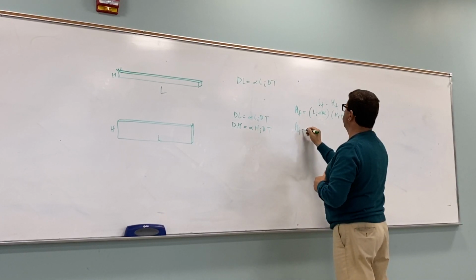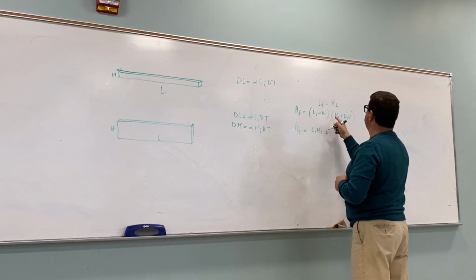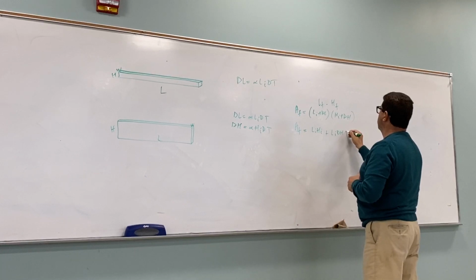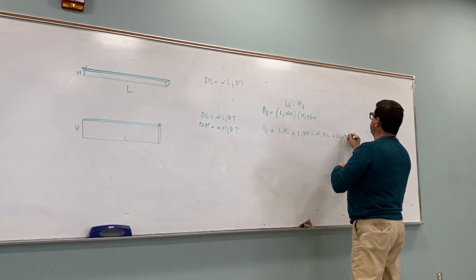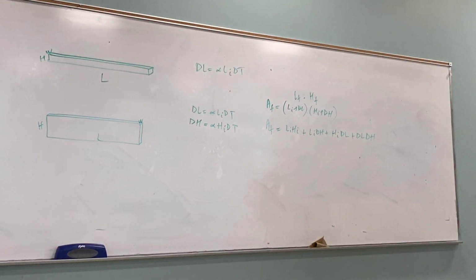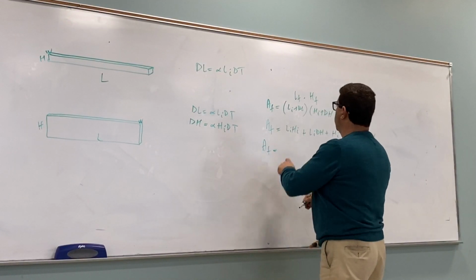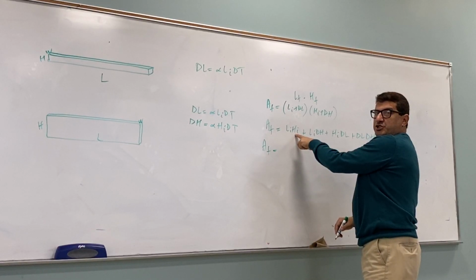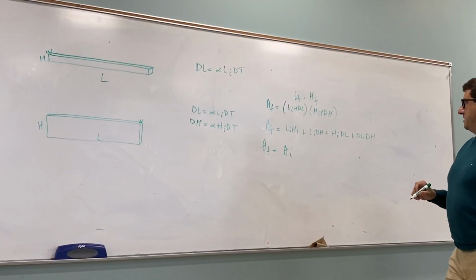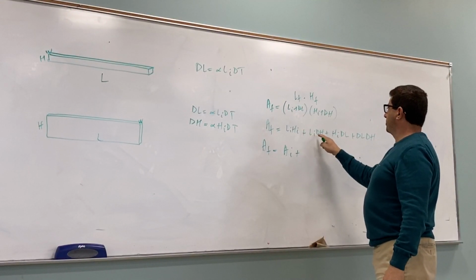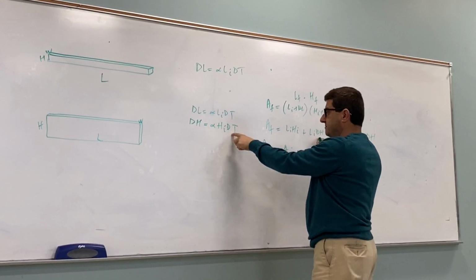Multiplying out, I get L initial H initial plus L initial delta H plus H initial delta L plus delta L delta H. And L initial H initial is the initial area. And now for L initial delta H, delta H is going to be alpha H initial delta T.